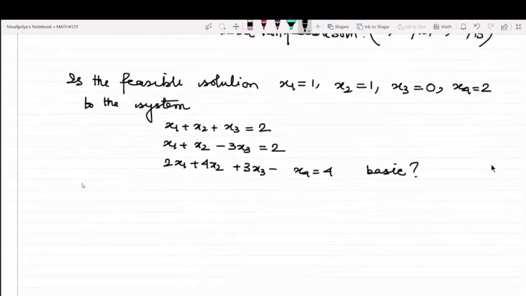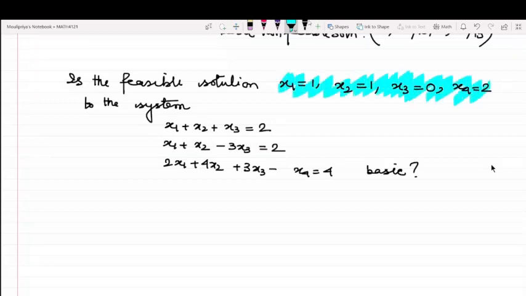You are given a feasible solution to a system. You are to find out whether the given feasible solution is basic or not. Can you tell me what is the way out for this kind of problem? How do we proceed with this one? By taking a look at the solution that is given to us, can you tell me which one is regarded as the non-basic variable?